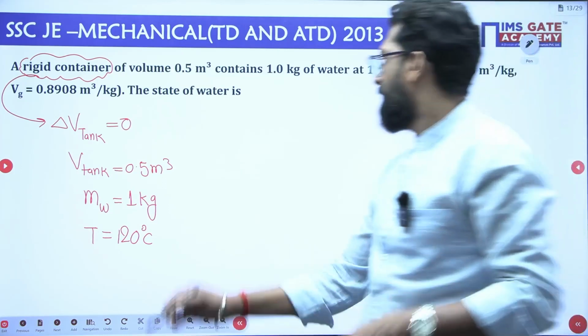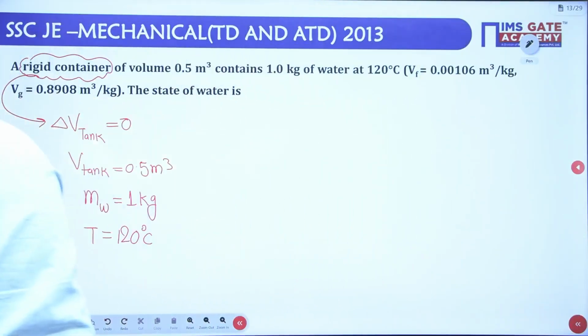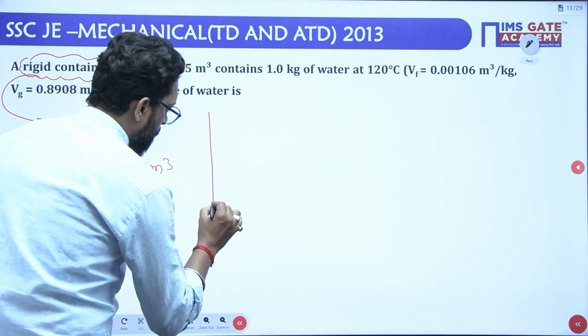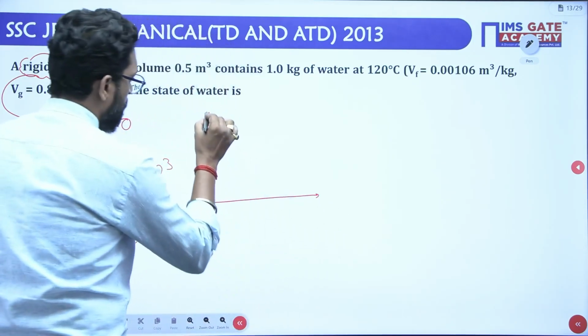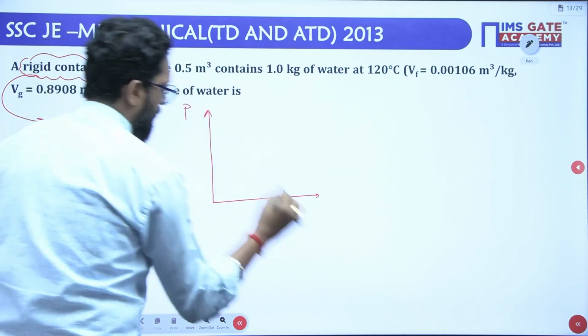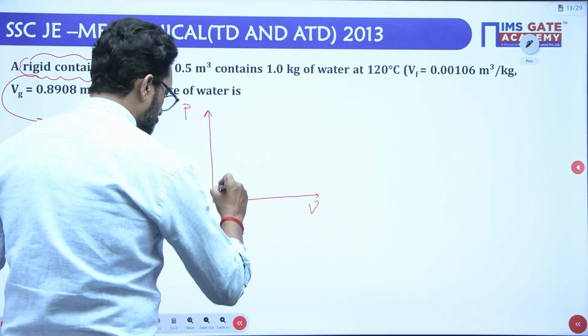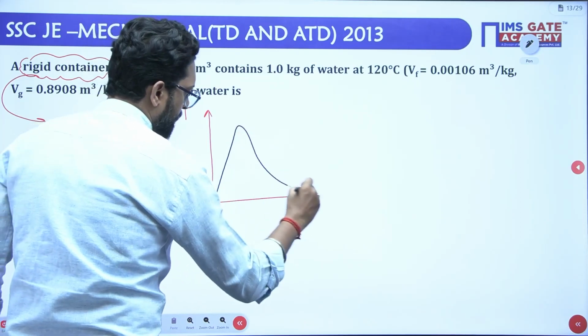The state of the water is, let's suppose this is a PV diagram. This is a pressure and specific volume diagram. So this is like that.